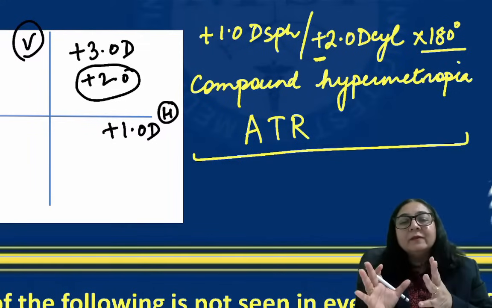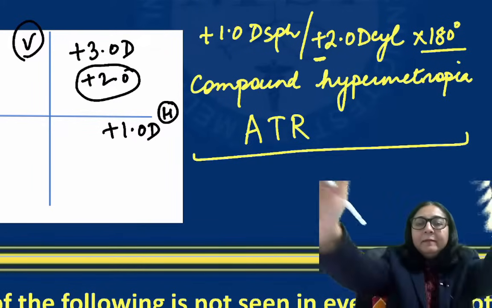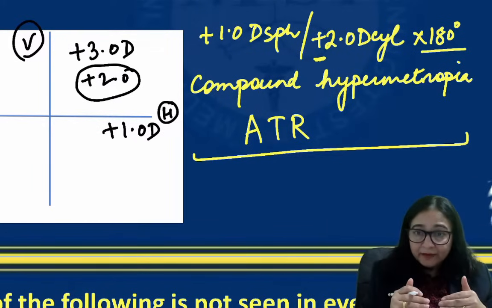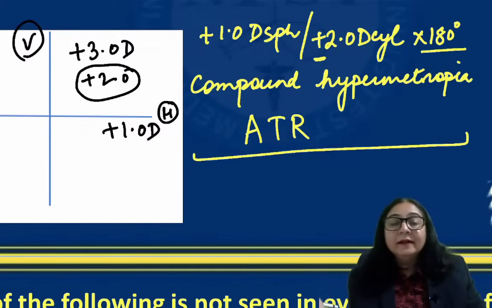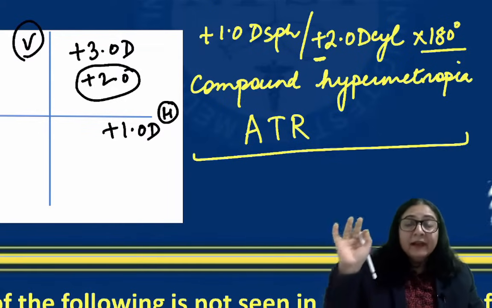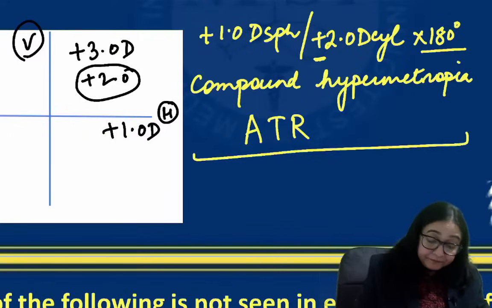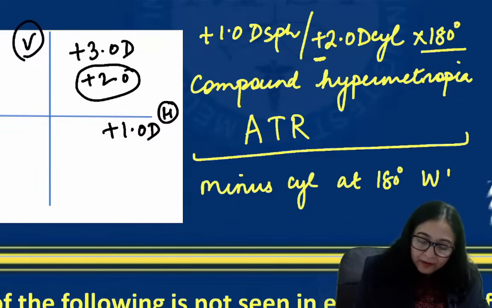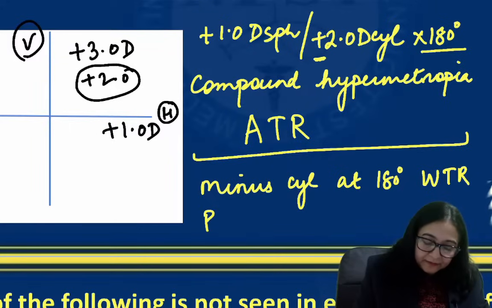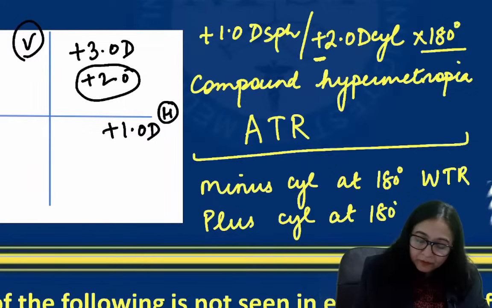With the rule, against the rule, how do you recognize it? At this point of your preparation, do not go into much explanation. Just remember this: if it is minus cylinder at 180, that is with the rule. If it is plus cylinder at 180, it is against the rule.